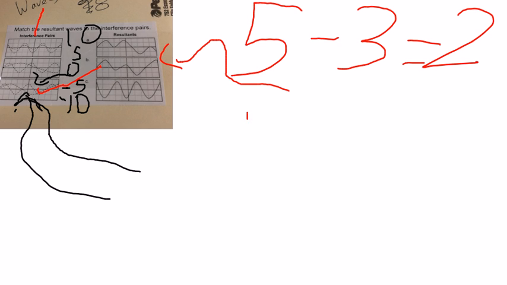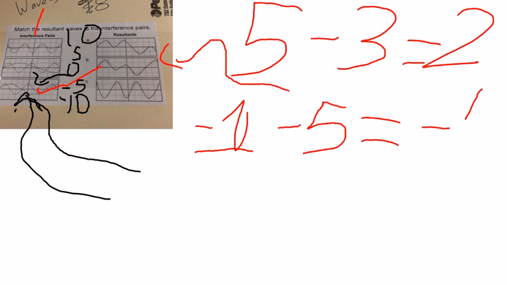So for your second interference pair, you take minus 1 plus minus 5 equals negative 6. Usually you would add together, but since these are negative, adding a negative is the same as subtracting. So the resultant would have a point there of minus 6.